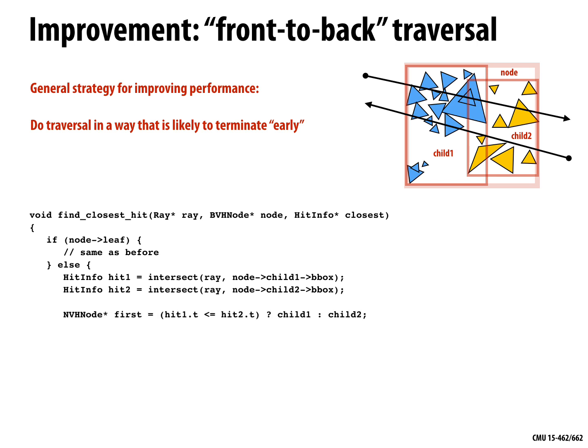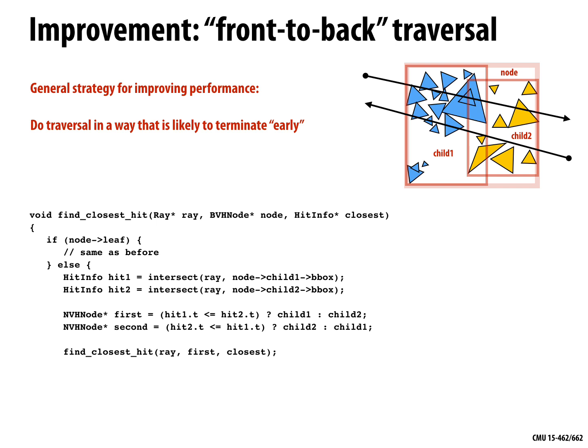But then we're going to check, is the time that we hit the left child smaller than the right child? If so, the first node that we're going to consider is child 1. Otherwise, the first node we'll consider is child 2, and vice versa, right? So if the second hit time is smaller than the first hit time, then we want to look at child 2 before we look at child 1. Okay?